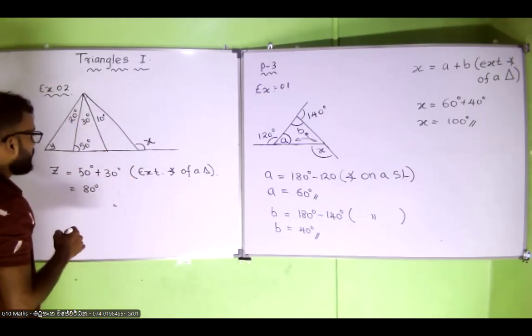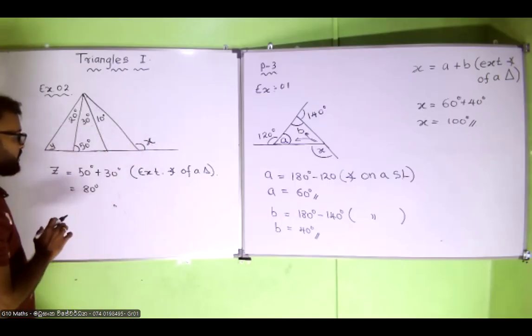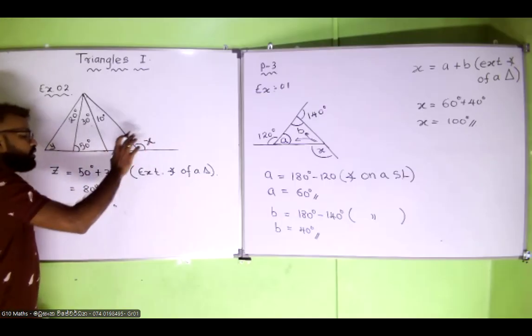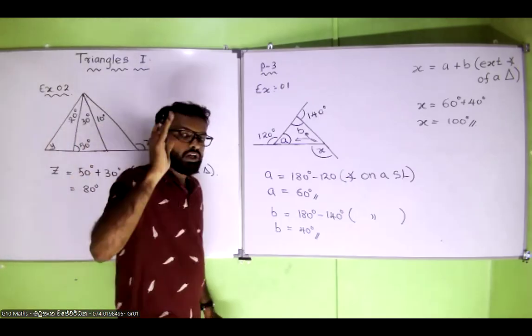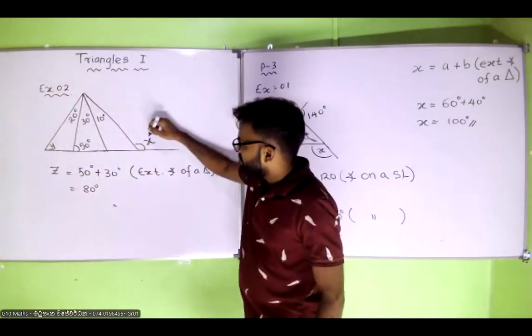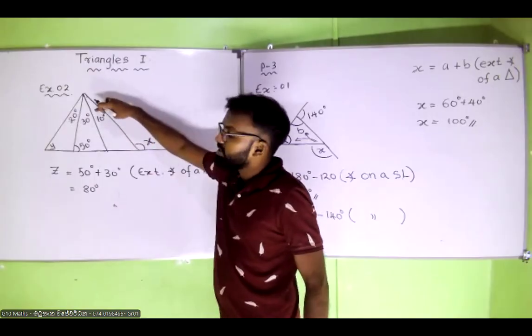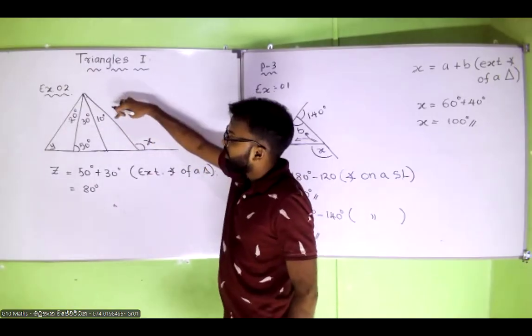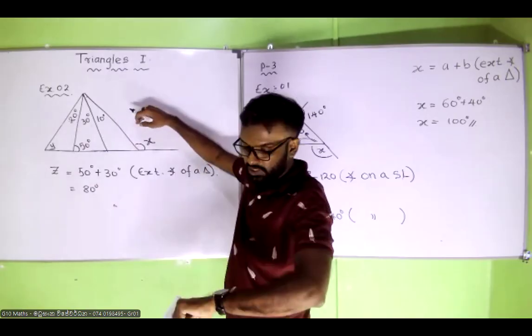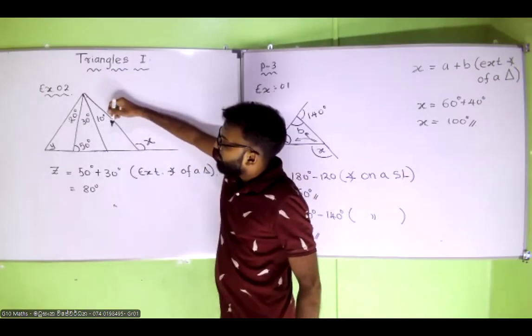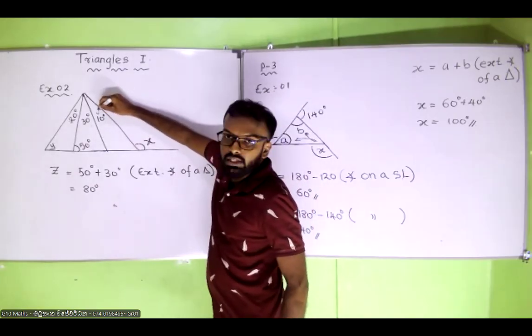So you are going to find x. If you want to find x, you need to have two interior opposite angles. This is the exterior angle of this first triangle, and the exterior angle of that first triangle is x. And one interior angle is known, that is 10 degrees.